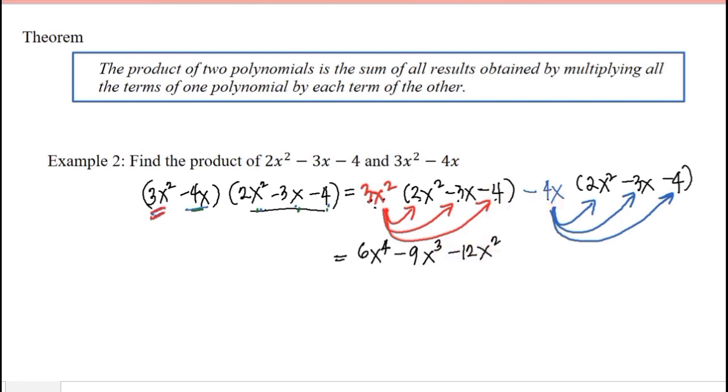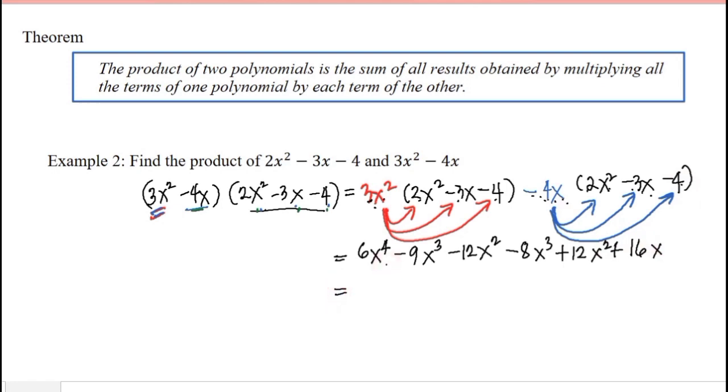And for this term, negative 4 times 2, that's negative 8, x times x squared, that's x cubed. Negative 4 times negative 3, that's positive 12. x times x is x squared. We are just adding the exponents here. And negative 4 times negative 4 is positive 16, and that's x.